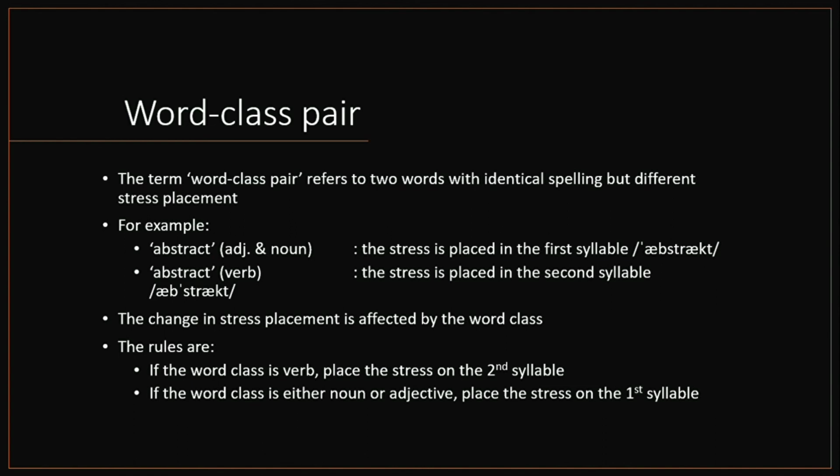And also there are rules. If the word class is verb, you should place the stress on the second syllable. But if the word class is either noun or adjective, the place of stress is at the first syllable. Like I said before in the example, abstract as a noun or adjective, the stress is at the first syllable, ab.